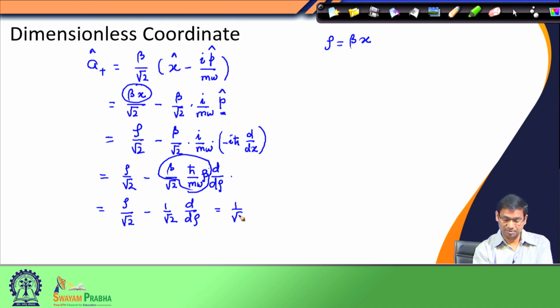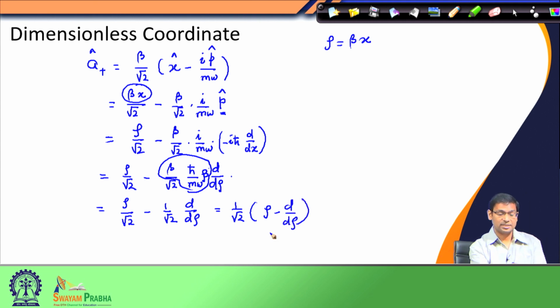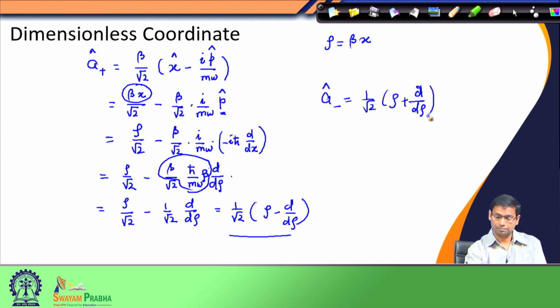I can further simplify it. So, in dimensionless coordinate, my step up operator also becomes somewhat simple. I can similarly show the step down operator as this. This is the step down operator and this is the step up operator in dimensionless coordinate.